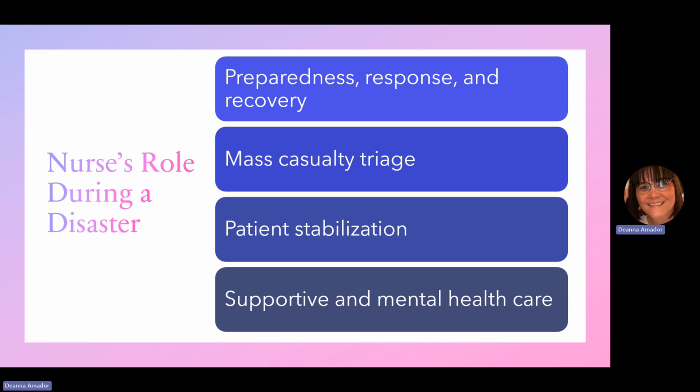So, like I said, it's important to cooperate and to implement all of these mandates that are brought down upon us in the hospital. Identification of hazards is the highest priority in dealing with a disaster.